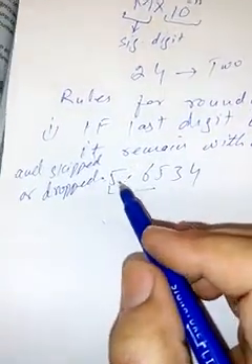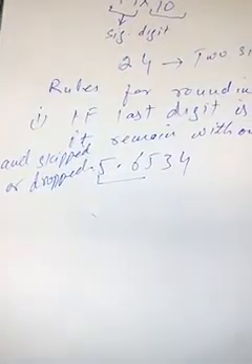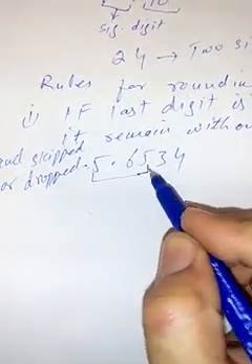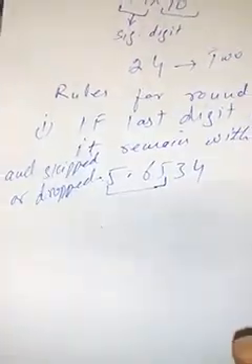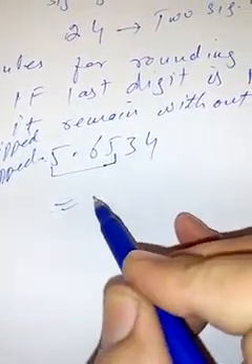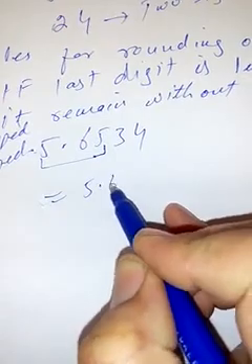If we take an example 5.6534, in this case only these three are significant digits, because significant digits cannot be dropped. So the rounding of this value is 5.65.